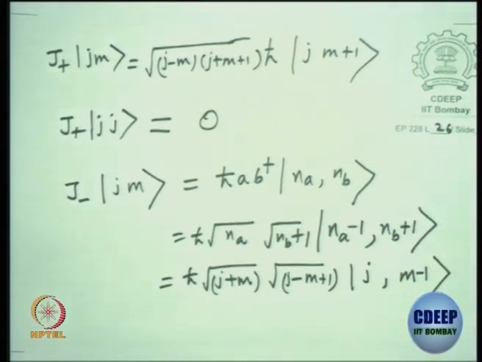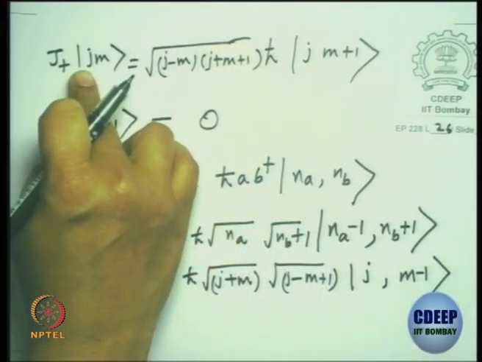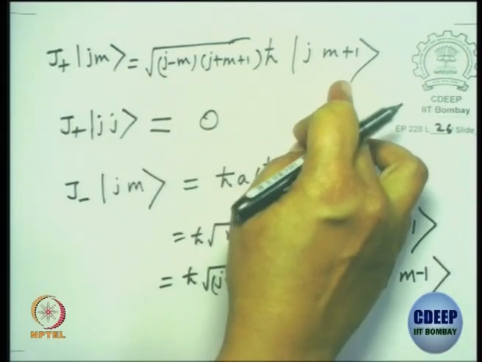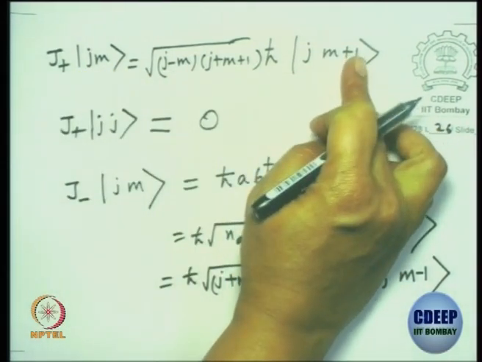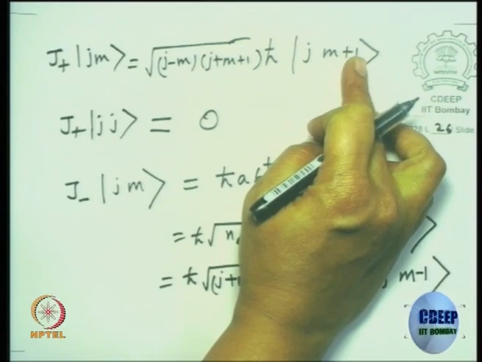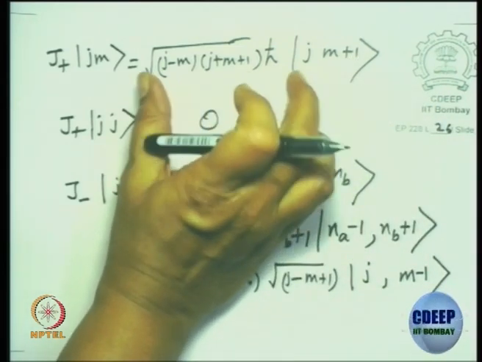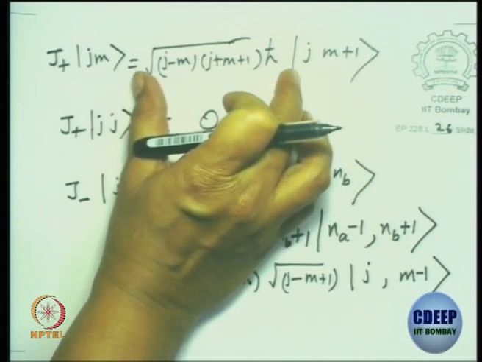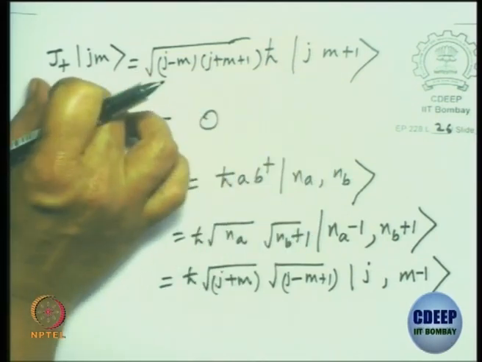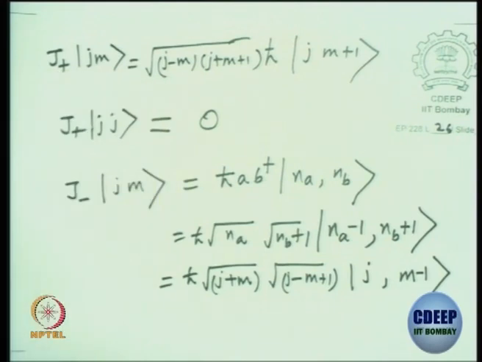Is that right? So, this is like a raising operator which takes the magnetic quantum number up by 1 unit with this coefficient, and this coefficient we have derived by writing a representation for J plus in terms of ladder operators of two independent harmonic oscillators.